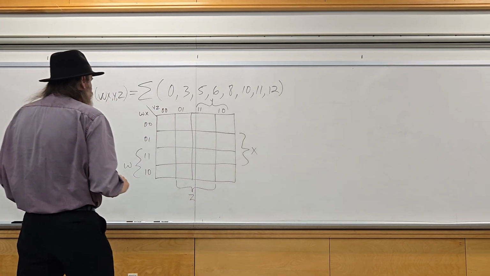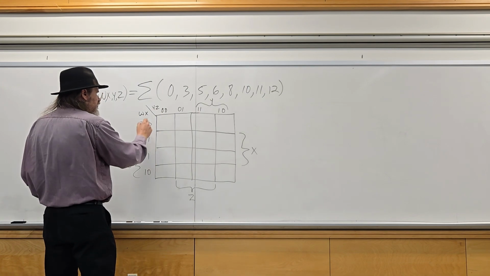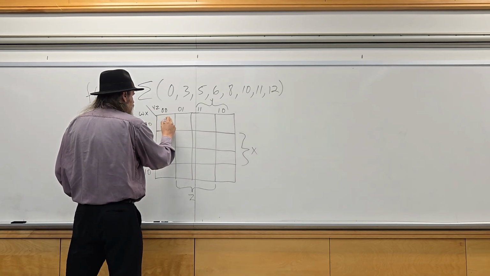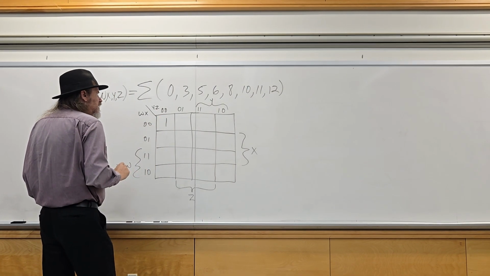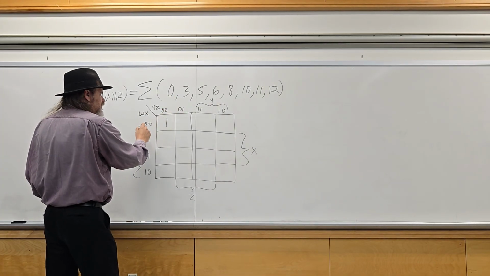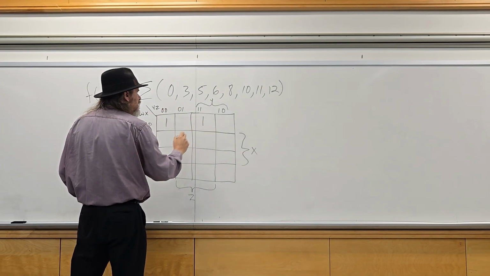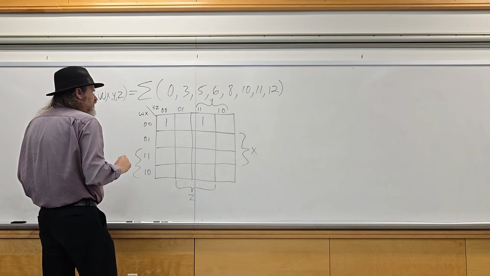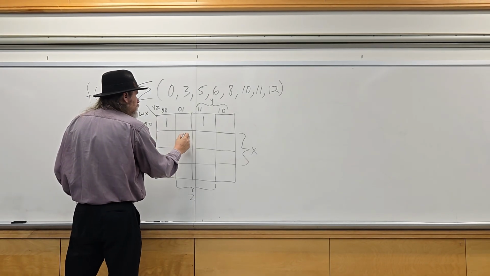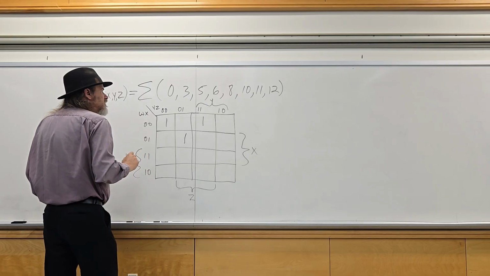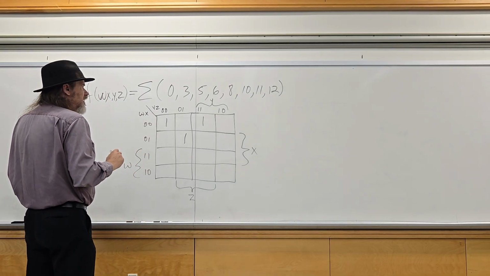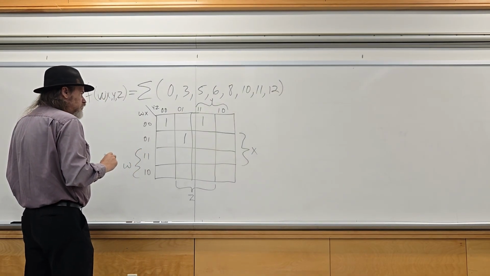All right, so 0, 0, 0, 0 in binary is 4 zeros. That's going to be a 1. 3 in binary is 0, 0, 1, 1. 5 is 0, 1, 0, 1. And 6 is 0, 1, 1, 0.